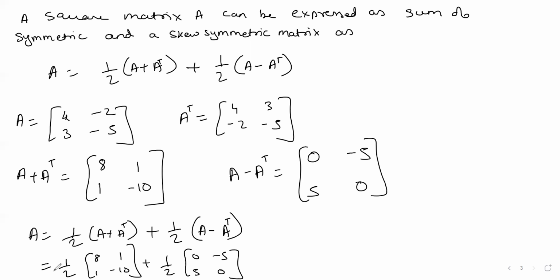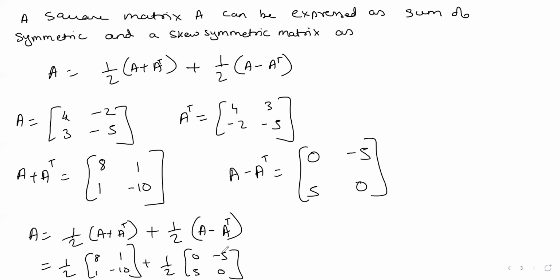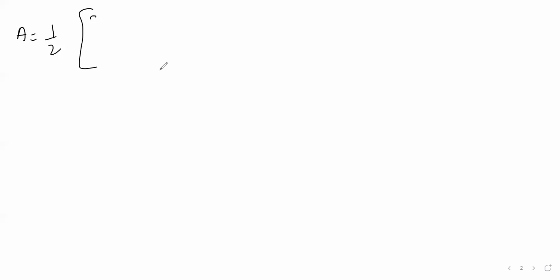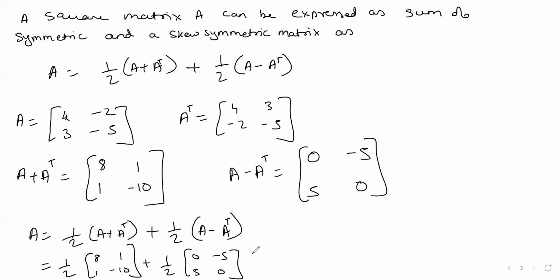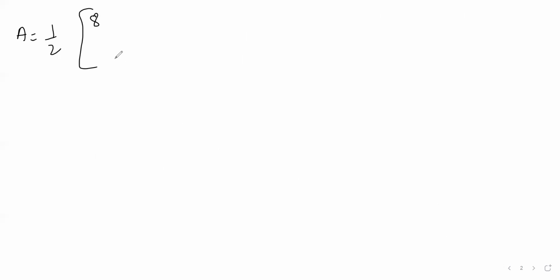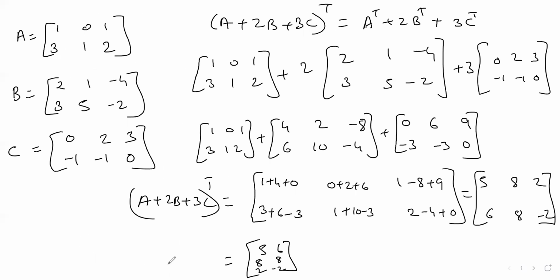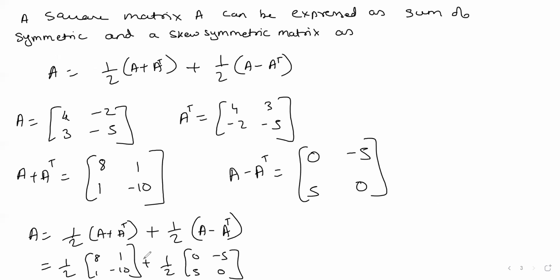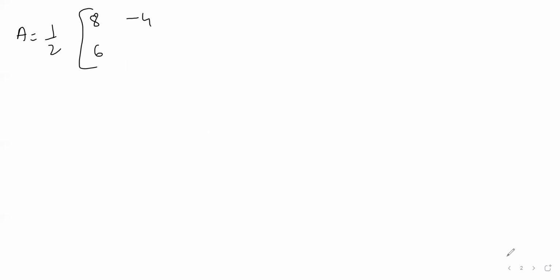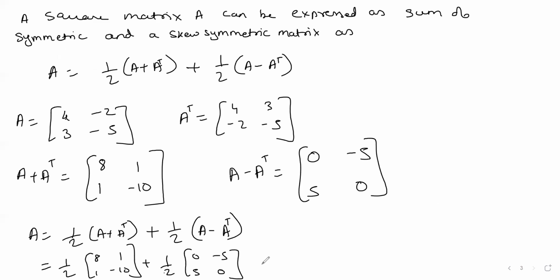Then how will we write this now? I can take 1/2 common, and inside 8 plus 0 will be 8. 1 minus 5 will become minus 4. 1 plus 5 will become 6. And minus 10 plus 0 will become minus 10.